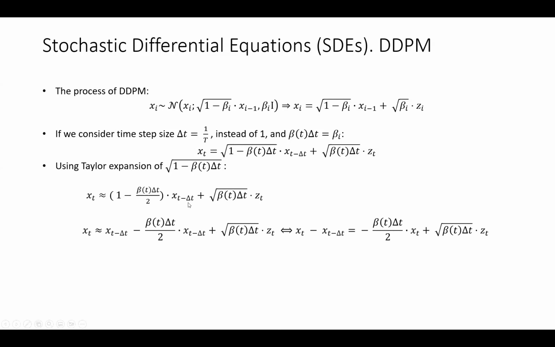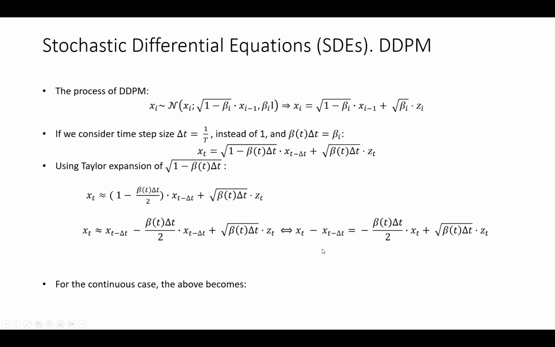So multiply this xt minus delta t here and here, and this same thing. Now we have xt roughly equal to xt minus delta t. We can bring this to the other side, and the remaining terms are the same here. And then we can change this to the continuous domain.